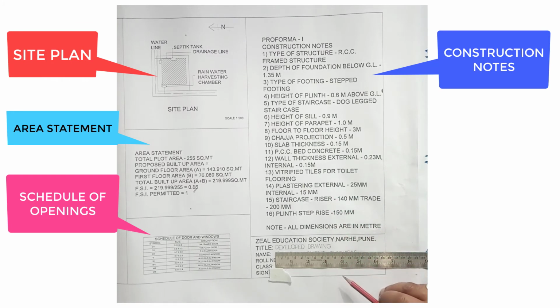These construction notes include details like plastering thickness, how much PCC bed concrete is there, which type of tile you are going to provide, what will be the external plaster thickness, and whether there is any specific requirement by the client regarding staircase height, kitchen platform height, wash basin, sink, or any other. So these kinds of details are provided in the construction notes.